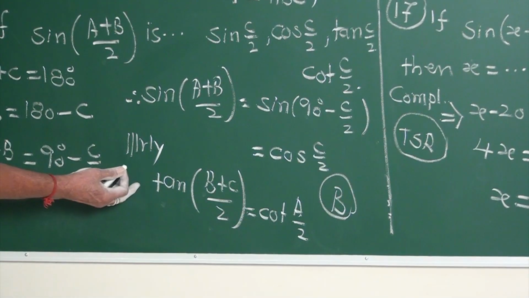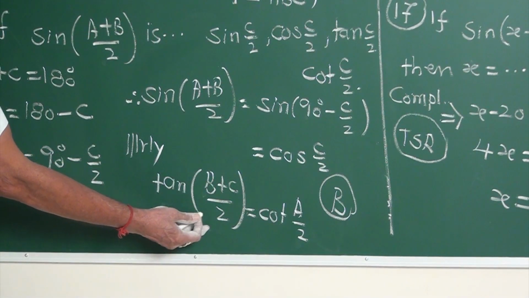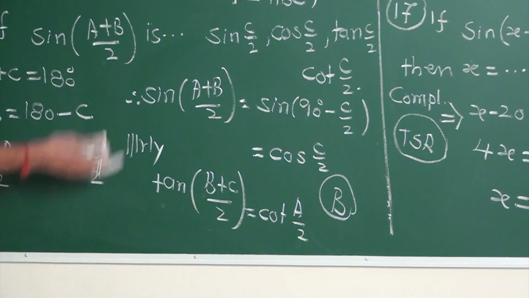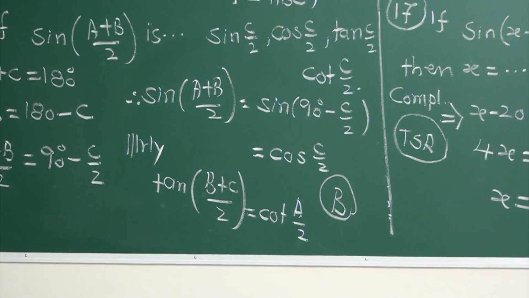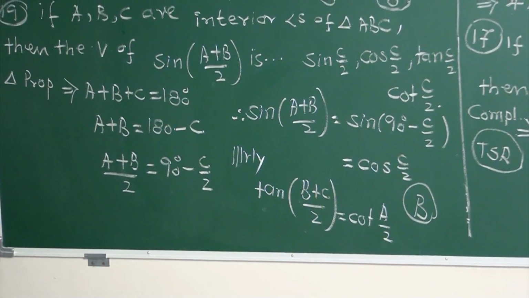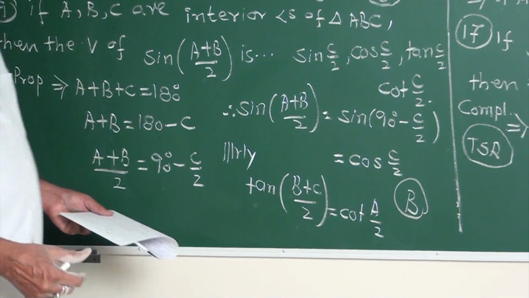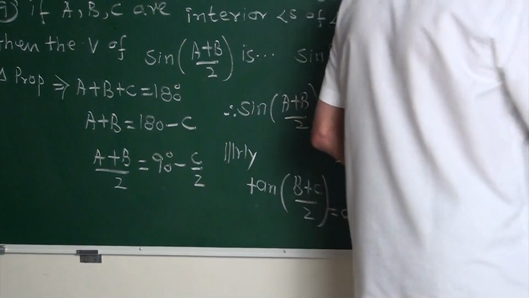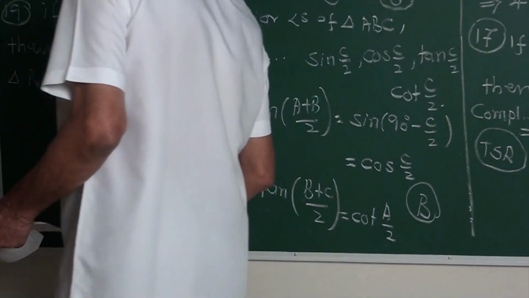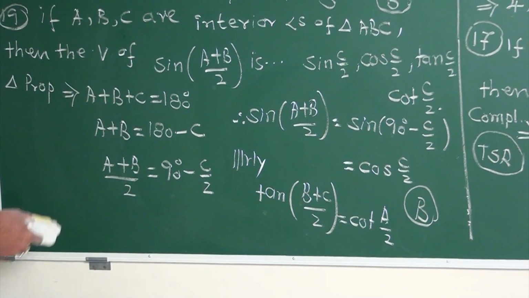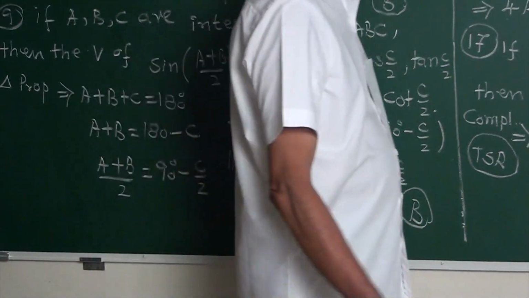If it is sec of (A plus C) by 2, cosec of B by 2, like that you can write, my friends. If by 2 is not there, you go with by 2 only.